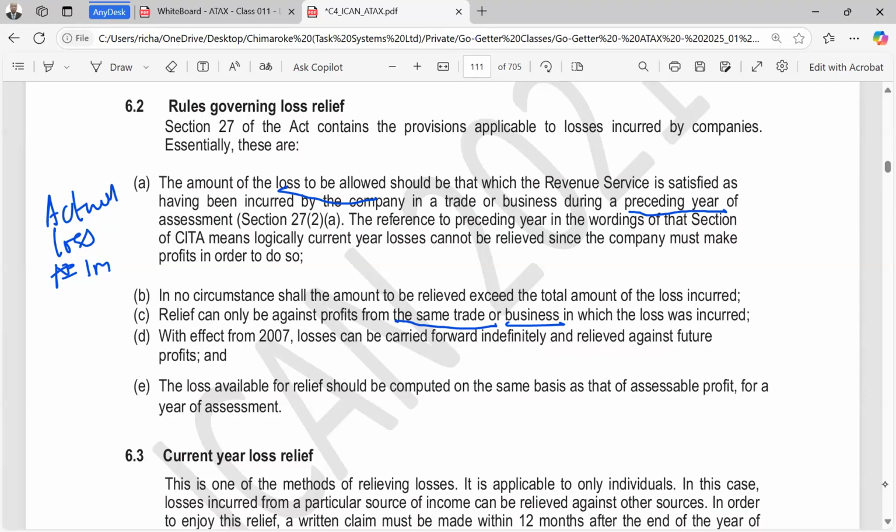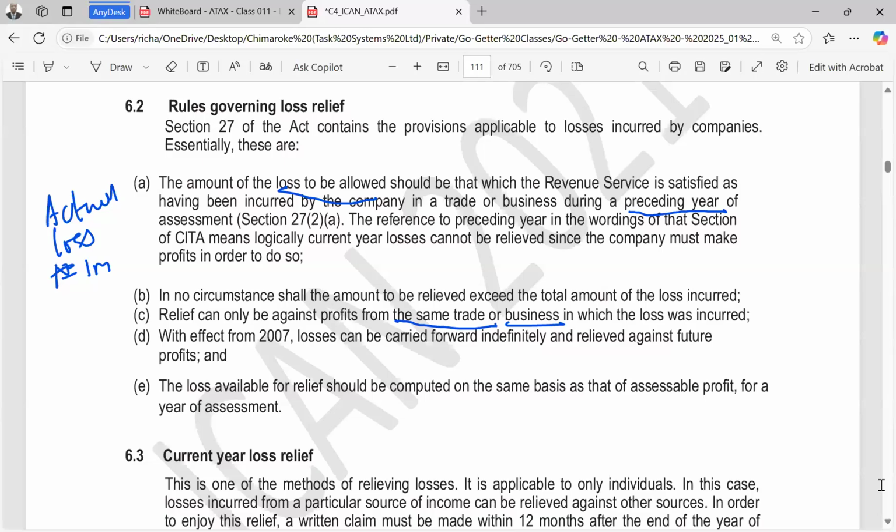Now, point number 4, with effect from 2007, losses can be carried forward indefinitely and relieved against future profits. Now, this is something that was not in place before 2007. This is because before then, losses were only carried forward for 4 years.